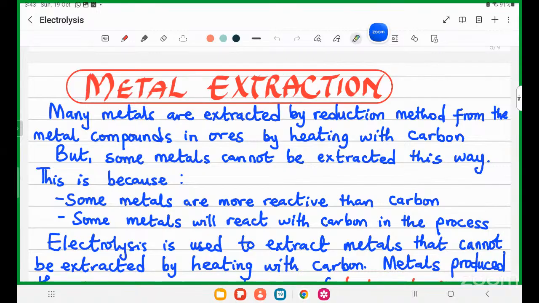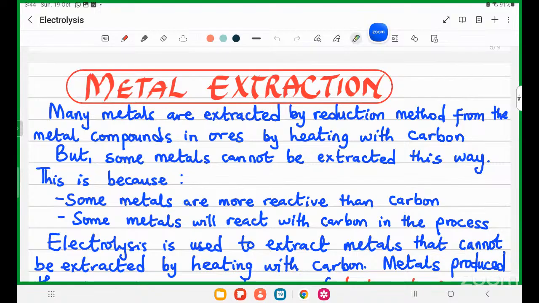But not all metals can be obtained using the thermal reduction method, because those metals are more reactive than carbon.